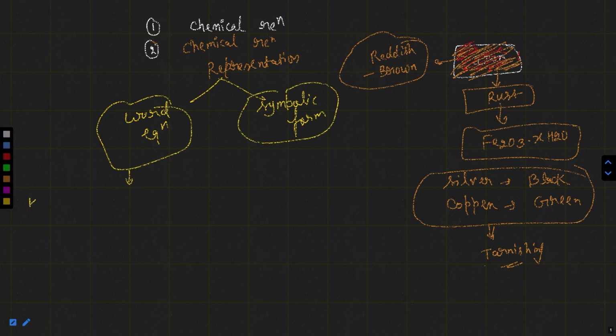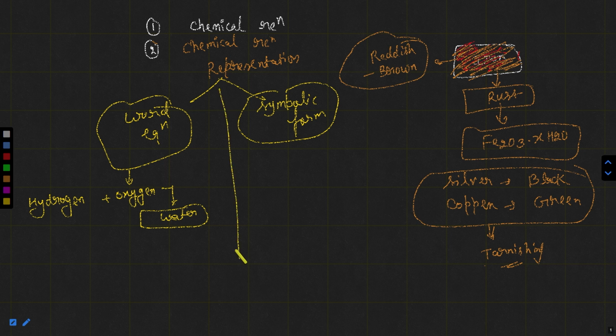The word equation is: hydrogen plus oxygen gives water. We don't know how much hydrogen and how much oxygen are reacting with each other to give what amount of water. So this is not very informative; it is not providing complete information.